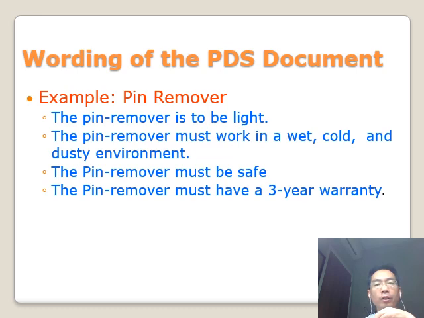Some suggestions of wording for the PDS document, for example, for a pin remover: you can use words like the pin remover is to be light. The pin remover must work in wet, cold, and dusty environments. The pin remover must be safe. The pin remover must have a 3-year warranty. So these are examples of how to describe a pin remover in a PDS document.